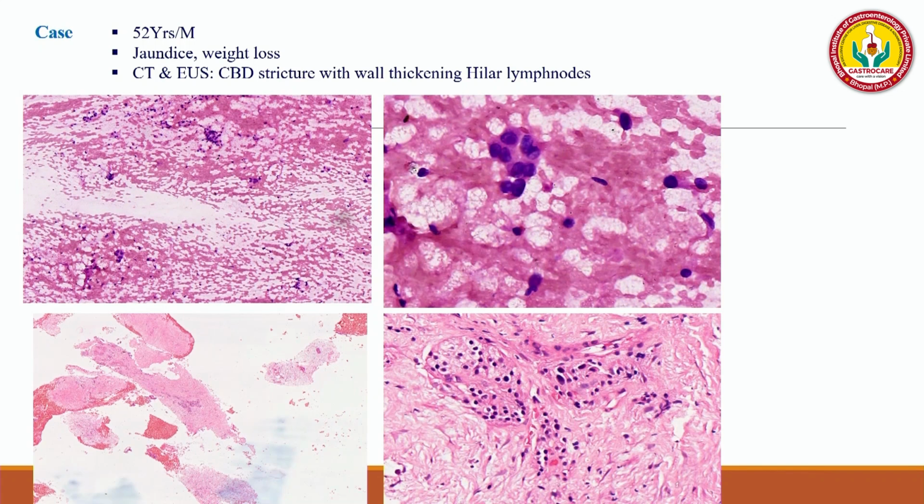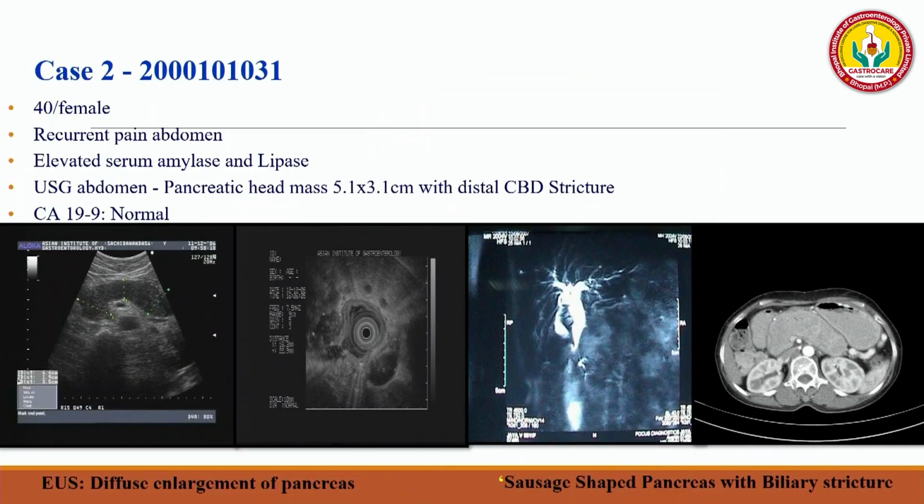Sometimes it can be so paucicellular like this that in the last figure, if you see, if you have a good core, you can confidently give, and this is the foamy gland cell pattern of the pancreatic adenocarcinomas.